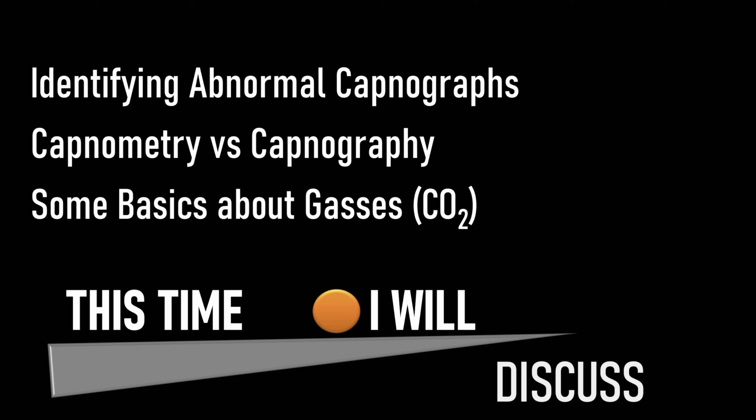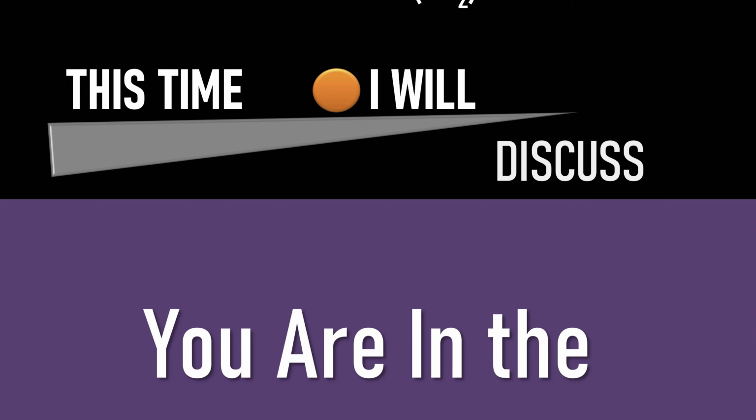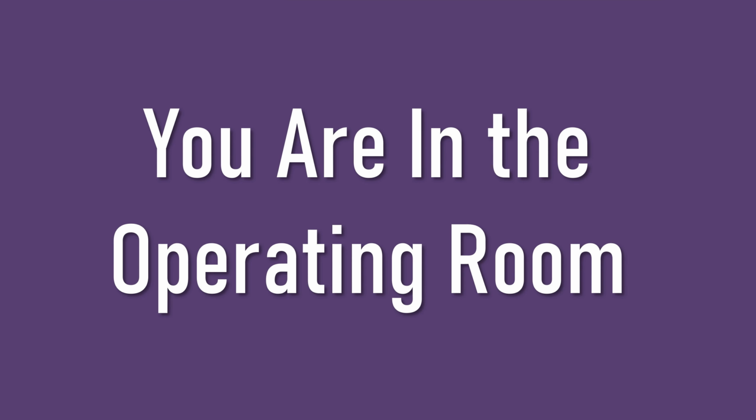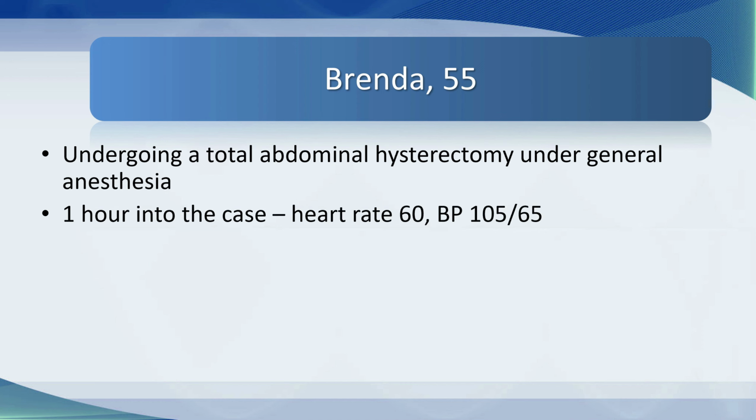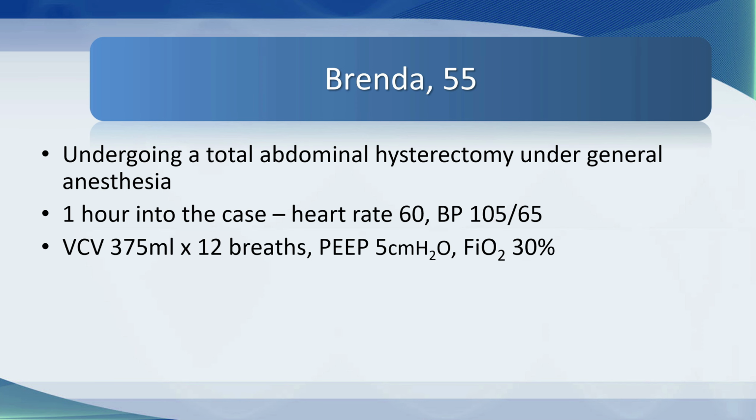Let's start with a clinical scenario. You're in the operating room and the patient you have on the operating table is Brenda, and she's 55 and she is undergoing a total abdominal hysterectomy under general anesthesia. One hour into the case, her heart rate is 60, her blood pressure is 105/65, she's on volume control ventilation receiving 375 mLs 12 times per minute on a PEEP of 5 and an inspired oxygen tension of 30%.